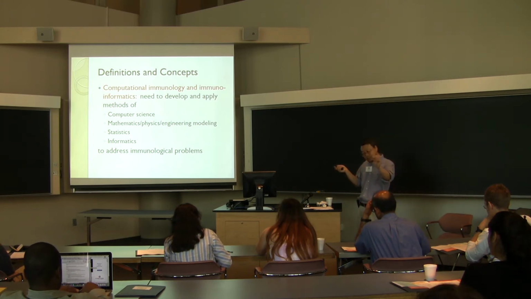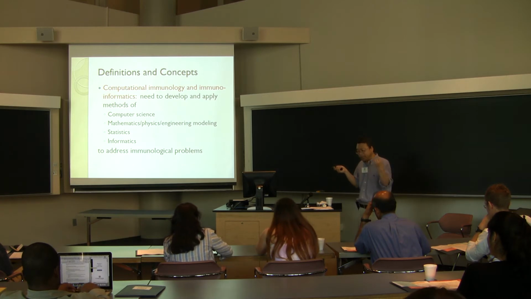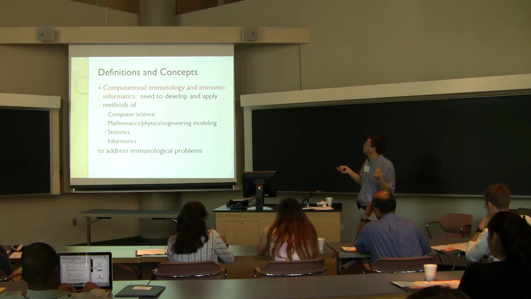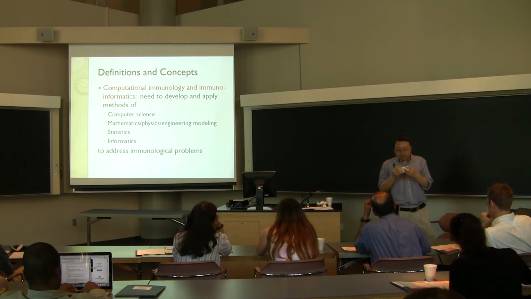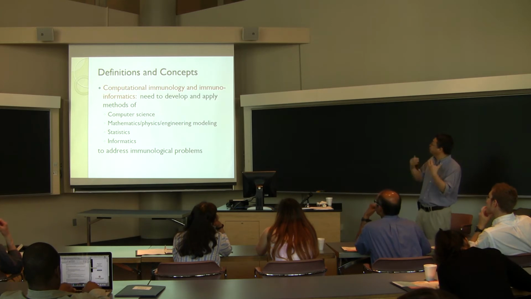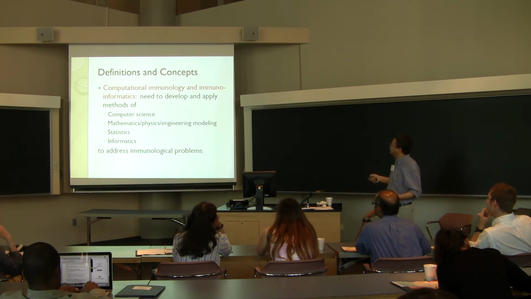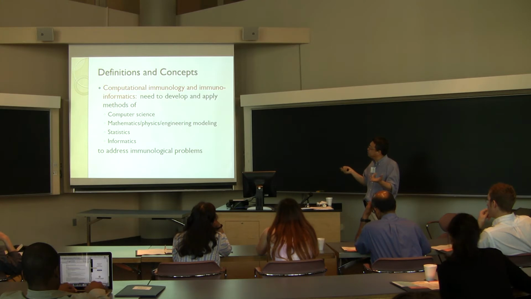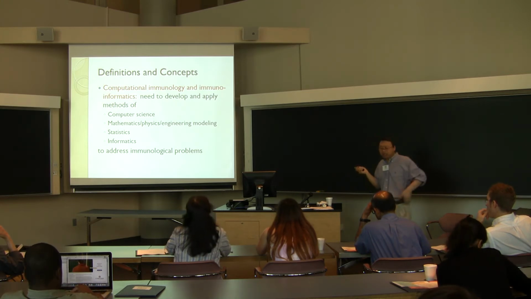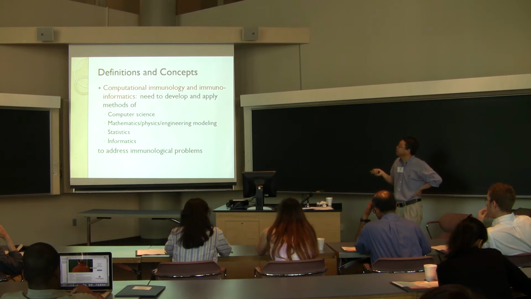Computer science you have to deal with computational issues and simulations. With mathematics, physics, and engineering, we have to represent all immunology experiments as mathematical formulas. So sometimes we use some of the physics and engineering concepts to construct the mathematical models.